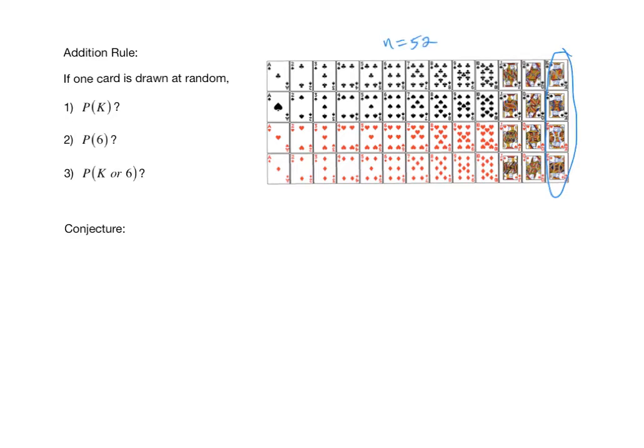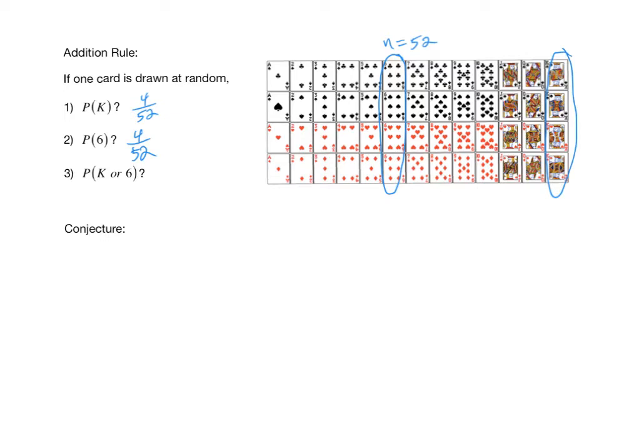So there's a 4 in 52 chance that when you draw one card at random, you would get a king. If you were to do this again with the entire deck, what would be the likelihood that you would pull a 6 when drawing one card? Well, there are 4 desired outcomes: 4 6s out of the total 52 outcomes. So there's a 4 in 52 chance that you would get a 6 when drawing one card at random.